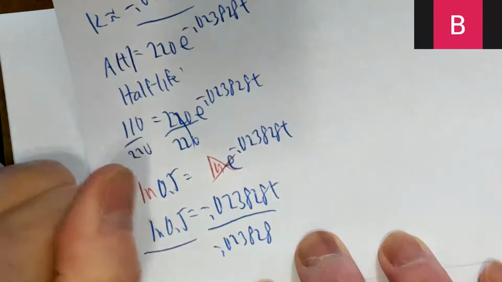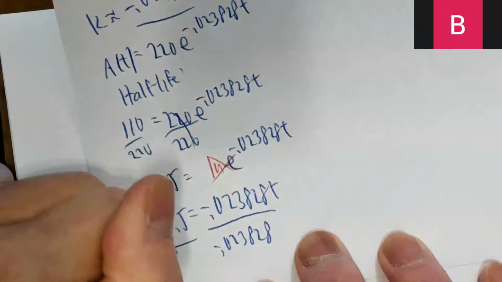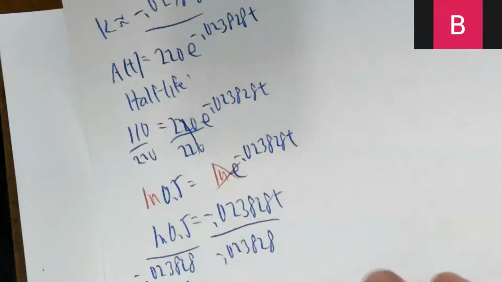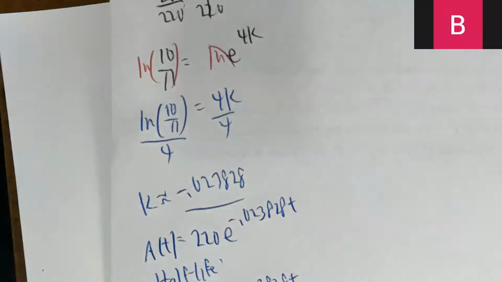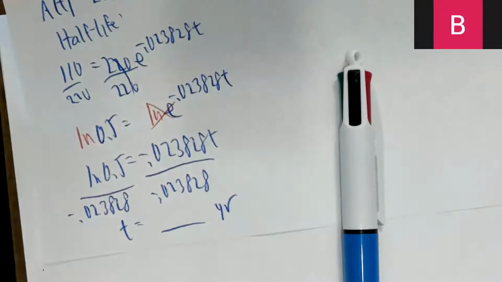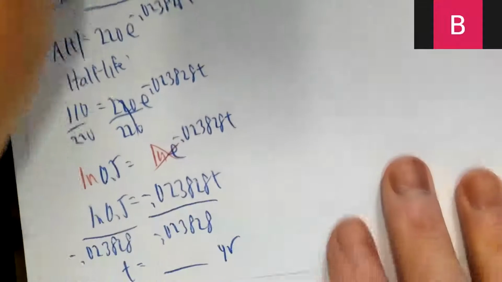ln 0.5 divided by negative 0.0238828. So t is length; the units are years. ln 0.5 divided by answer gives 29.1 years, roughly.